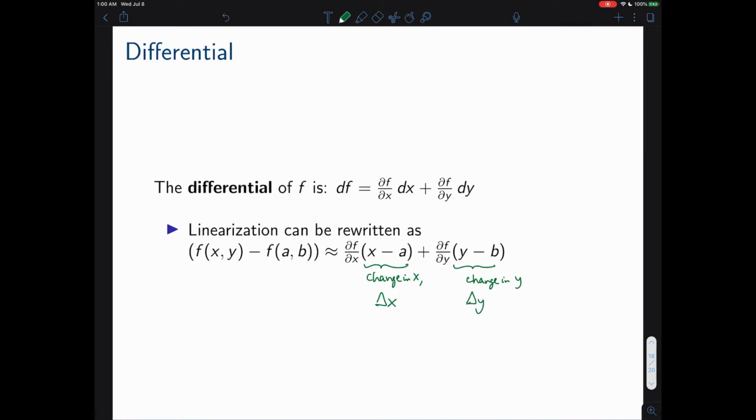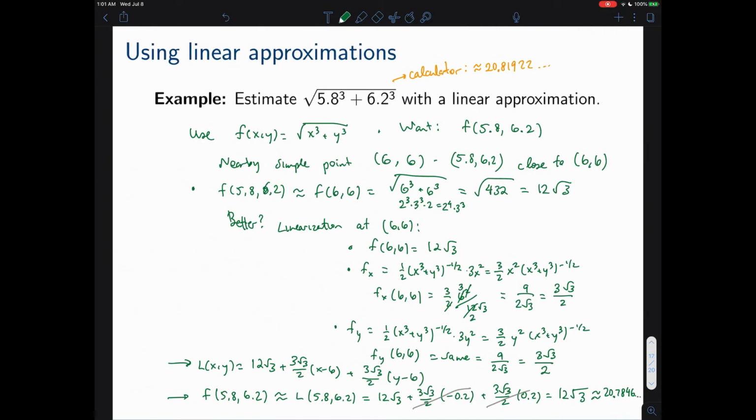So that would be delta y. So to go back a slide, in that example, we started at 6, 6 and went to 5.8, 6.2. So the x value changed from 6 to 5.8. It dropped down by 0.2. So the delta x would be minus 0.2.